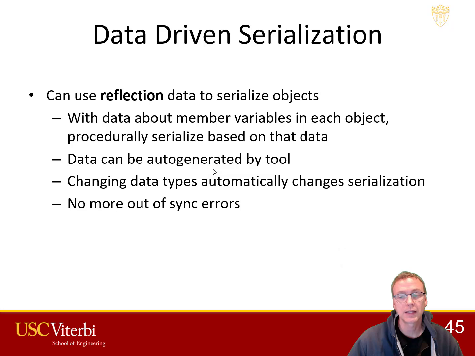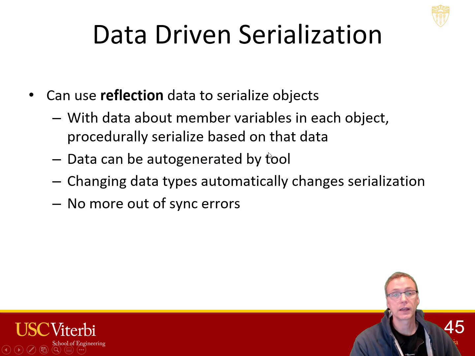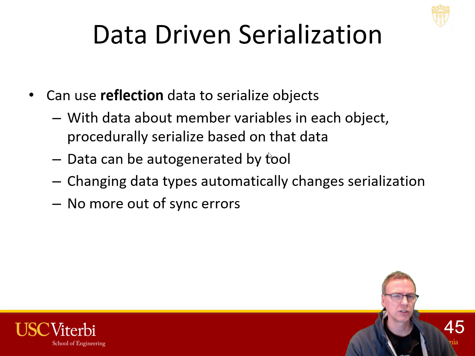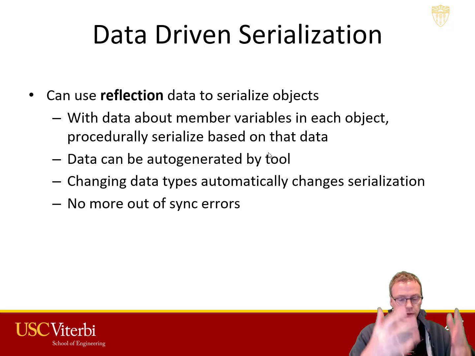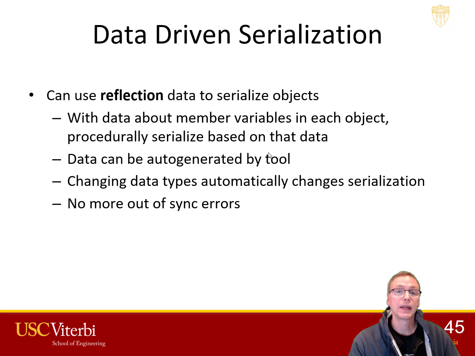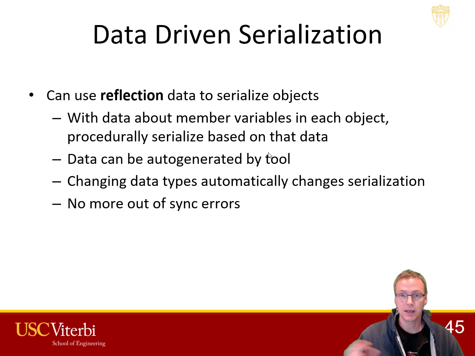What people do a lot of times is they will create an XML file or a JSON file, some type of file like that, that describes the data and says, I have an integer called this, I have a float called this, I have an array of this type called this, and you put that in there. And then as a pre-compile step, that file will be read in and used to generate the header files that describe your data structures.